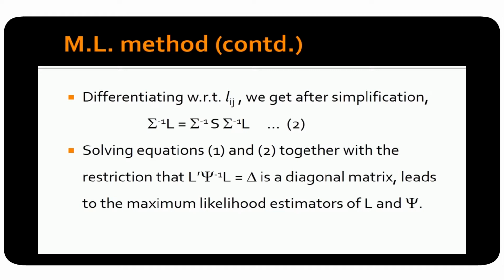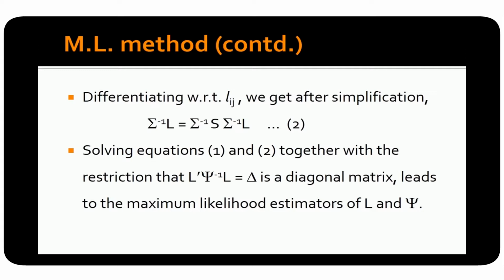These are the Lij's. So what would be the derivative of log L with respect to Lij? If we put this equal to 0, this reduces to the equation sigma inverse L equal to sigma inverse S sigma inverse L.